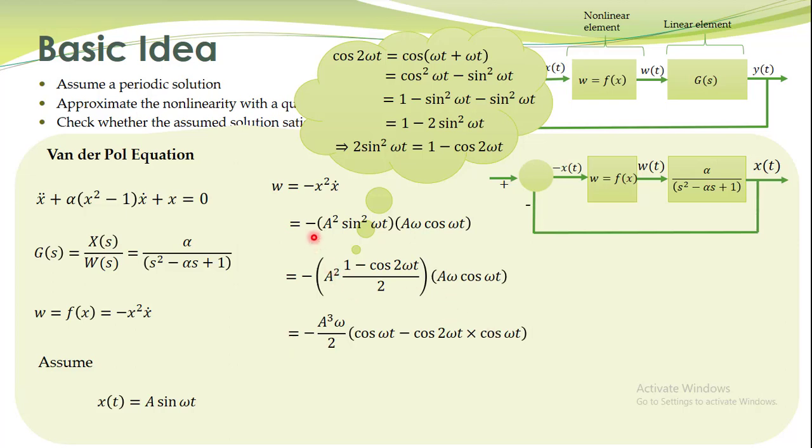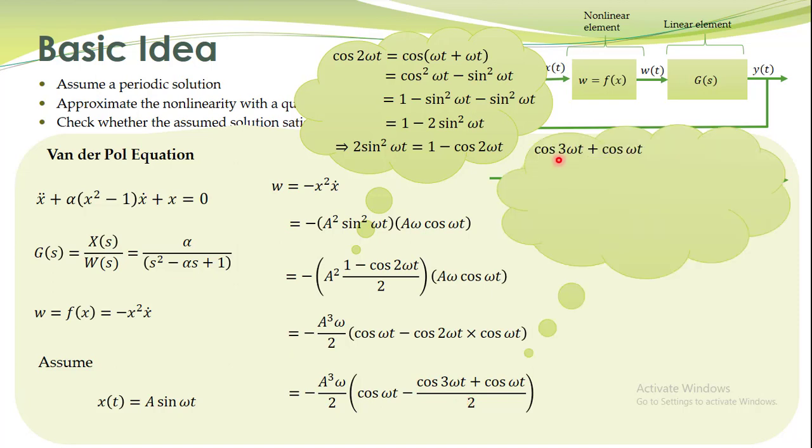Actually, why we are doing all these things will be clear from the next steps. This term can be further rearranged to write into this particular form. This cosine omega t is already there, and this cosine 2 omega t multiplied by cosine omega t is written over here. How is it equal to this thing?